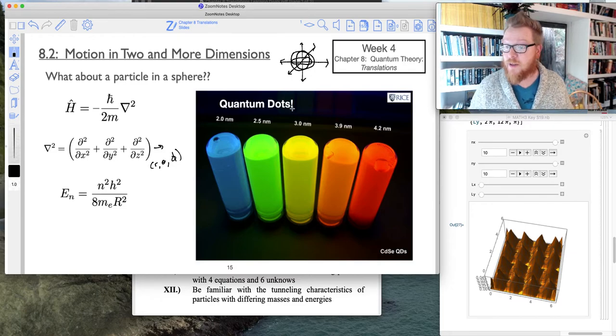Well, we can do that problem. It's really nasty because you have to make this coordinate transformation. However, the solution is nearly identical to our particle in a box solution, which is really cool.